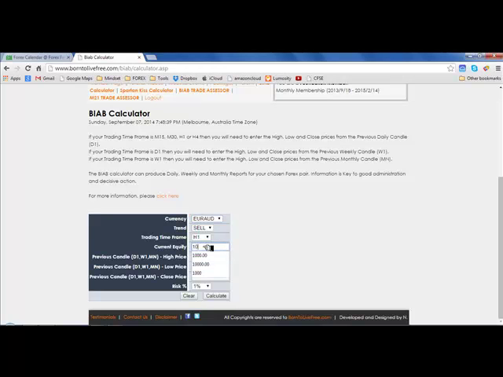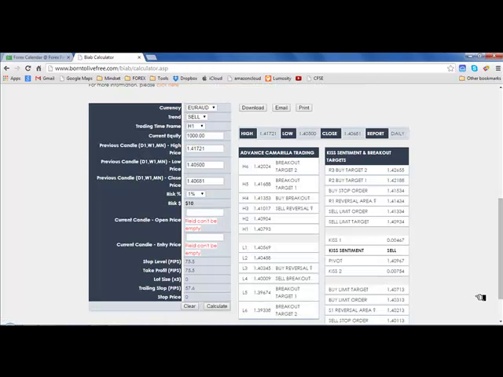Enter in your current equity, or just a default value, and then enter in the results you recorded from MT4. Press calculate.